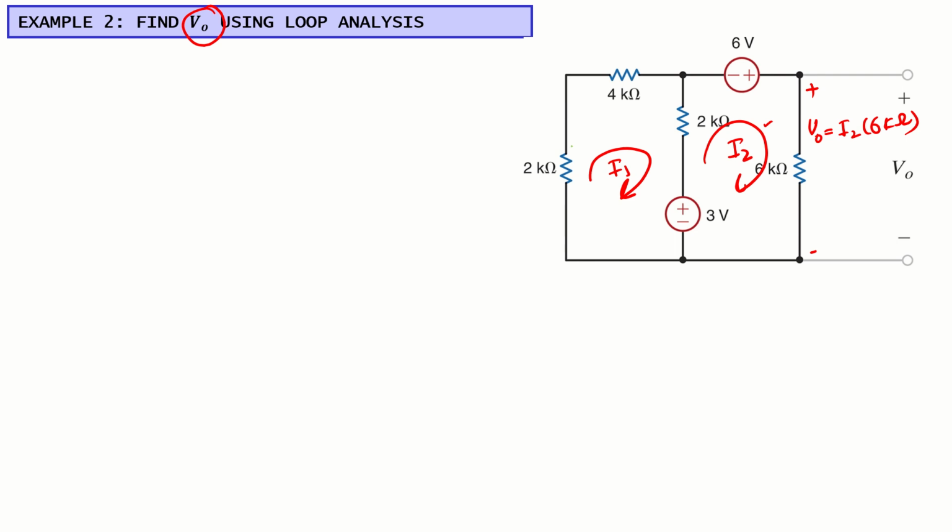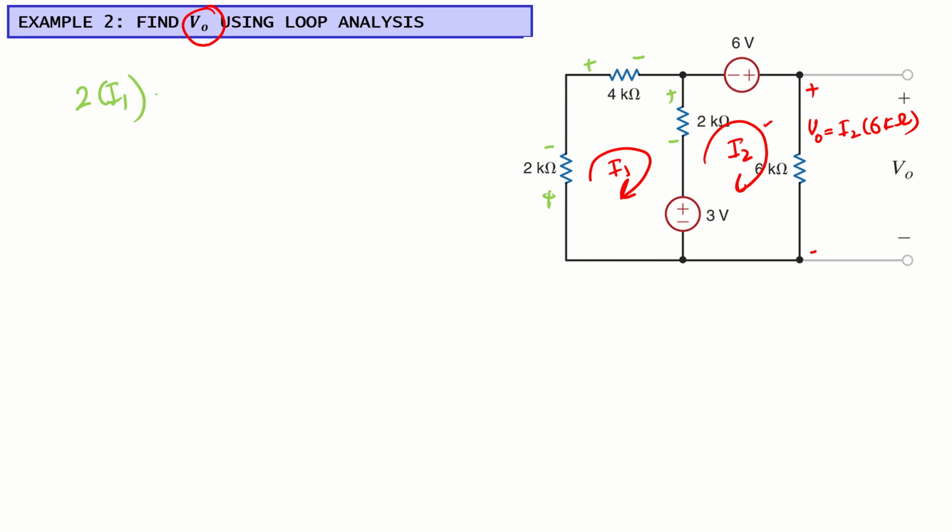Let's write for the first one. We can put up the polarities, plus and minus, plus and minus, plus and minus. So the first loop equation will be 2 times I1. I'm not putting K, we can incorporate it at the end, that will just make the current milliampere.